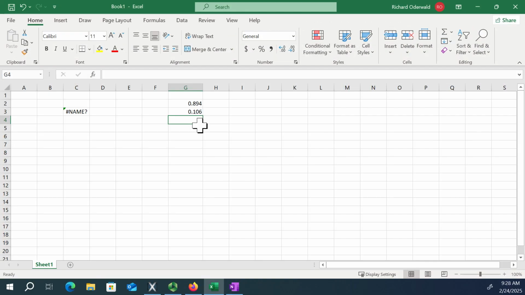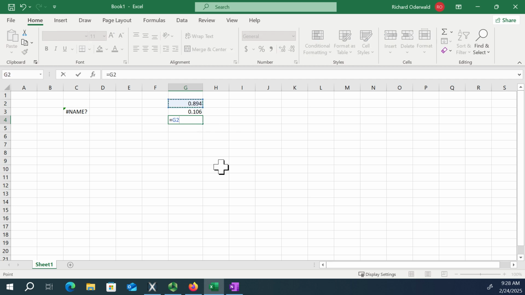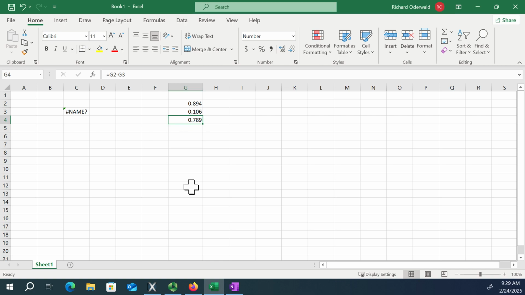So the difference between those two equals this one, 7.65, minus the 7.6 minus that one. So here, 78.9% of the distribution is between 7.6 and 7.65.